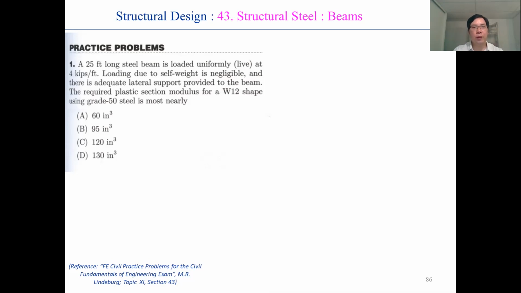Loading due to the self weight is negligible, and adequate lateral support is provided to the beam. The question is: what is the required plastic section modulus for the W12 shape using grade 50 steel?